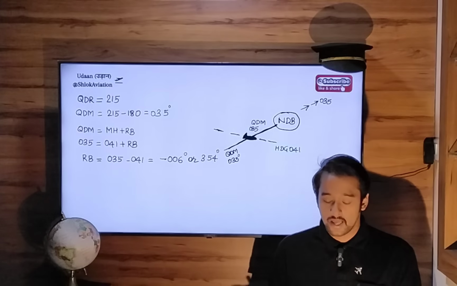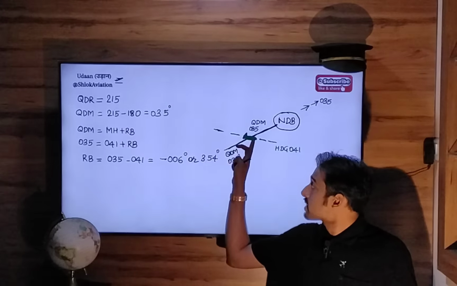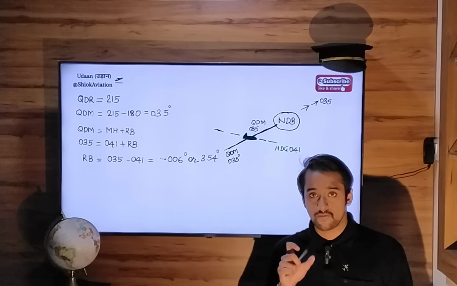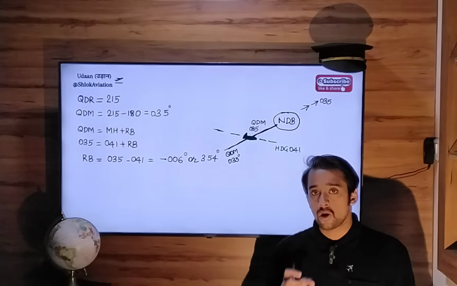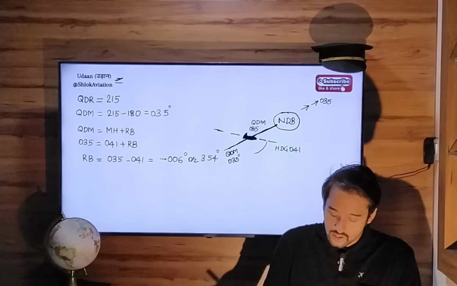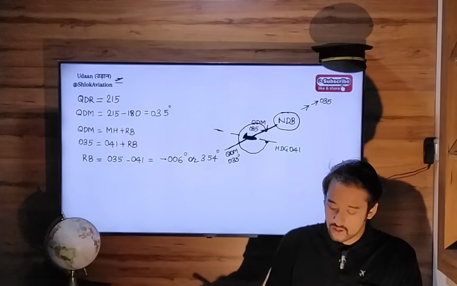So now the relative bearing is the angular difference between your aircraft heading and the track towards the station. And you have to always measure all directions or angles in clockwise direction starting from the heading in case of relative bearing. So this will be your relative bearing, starting from here, ending here.